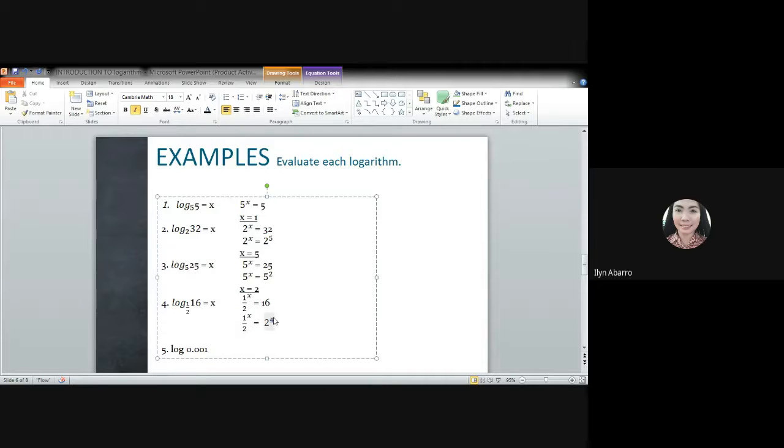But then, what we need is 1/2. And we know that 1/2 is the reciprocal of 2. So, para siya maging 1/2 yung 2, ire-reciprocal natin. Paano ire-reciprocal? So, yung exponent ay gagawin nating negative. So, yung exponent na 4, para siya maging 1/2 yung 2, gagawin nating negative 4 na.